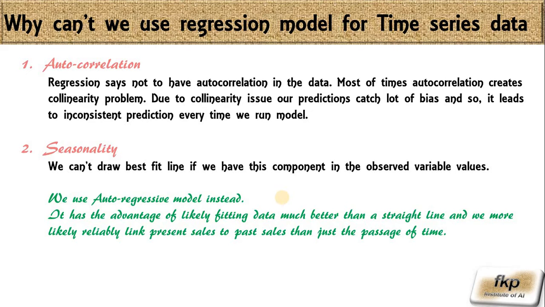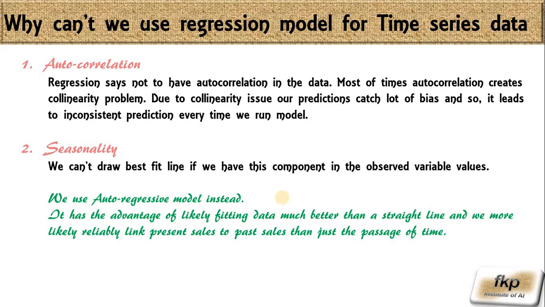But in time series data, it is different. We basically depend on the relations between data points of the same variable in the past. That's why we have to have different models other than regression. The other important point which stops us from using a regression model is seasonality. We cannot draw the best fit line if we have this component in the time series data.